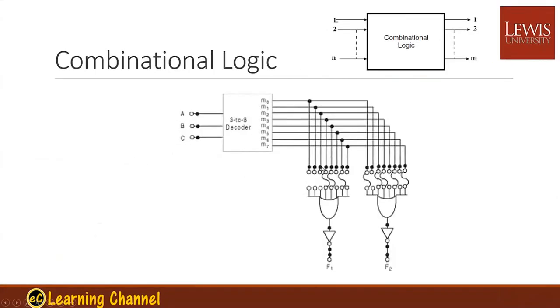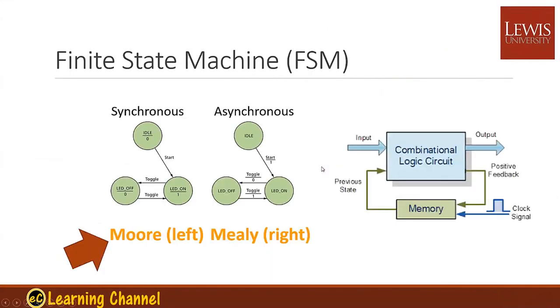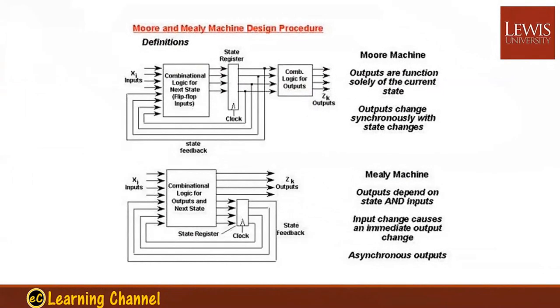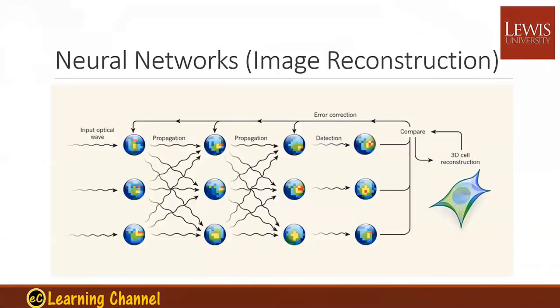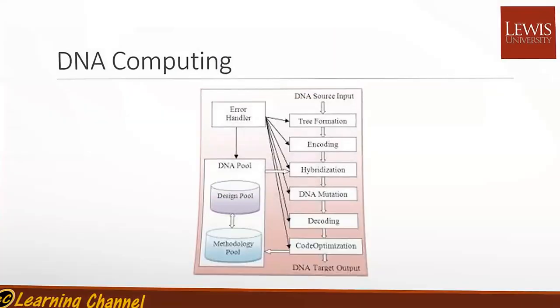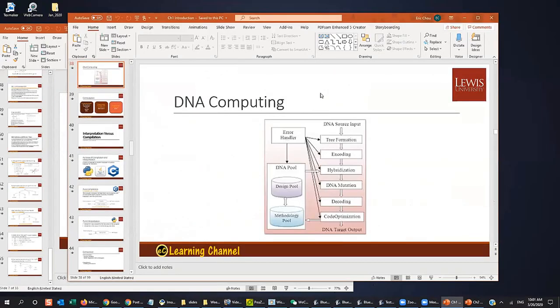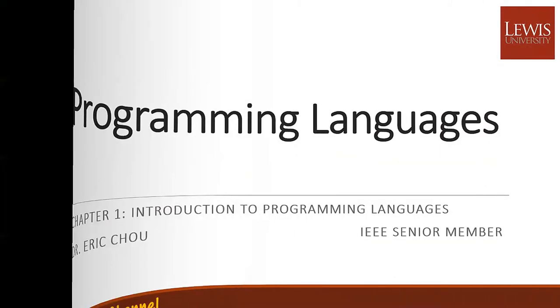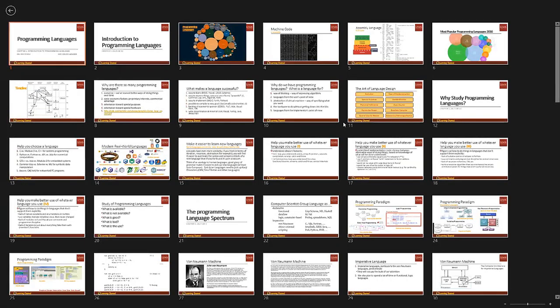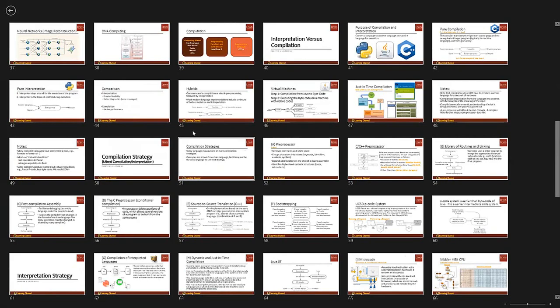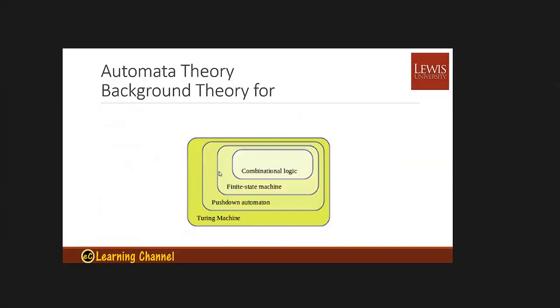Right here, we talk about combinational logic, and then we put some memory in for feedback. And then the next thing, we cover this neural network stuff. Now we are going to go back and look at this theory portion.